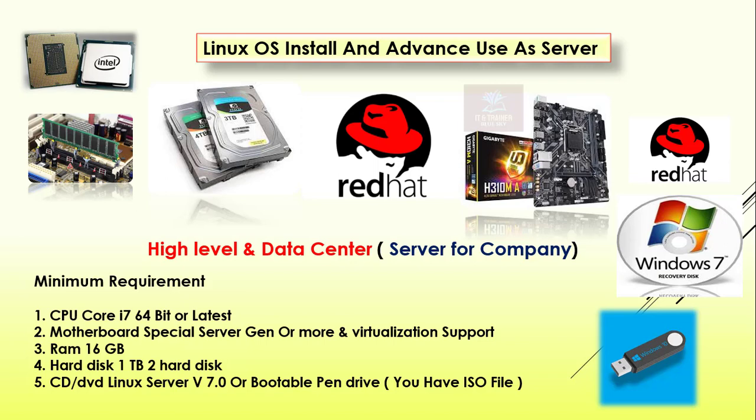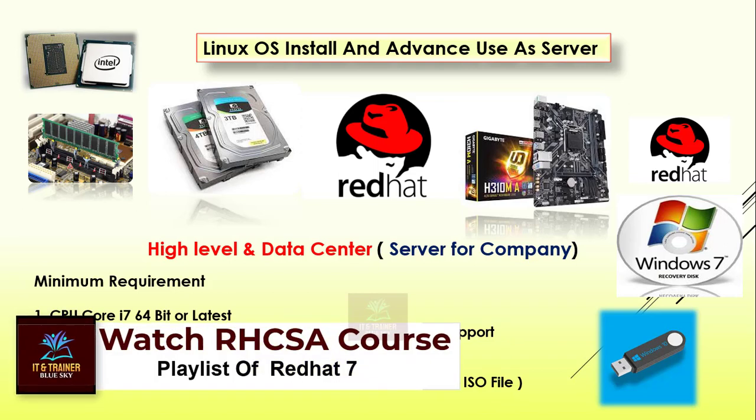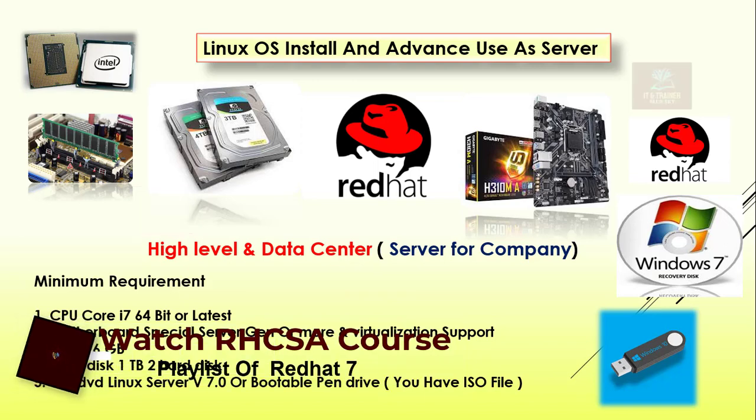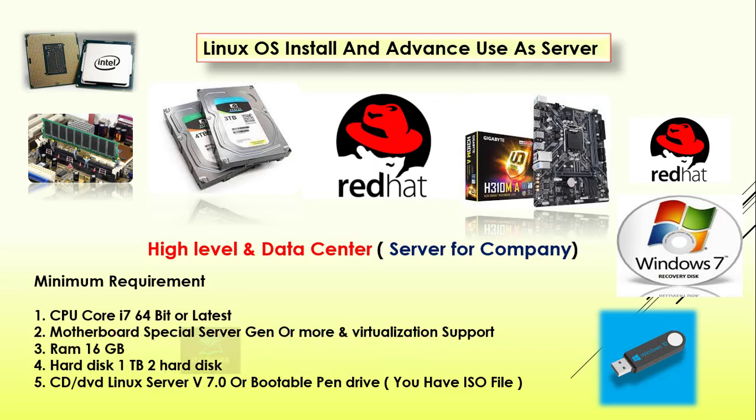So you already understand the minimum requirements, and the maximum requirements depend on your company environment. You can use a Core i7 type CPU, even 4 CPUs, with a special motherboard of a newer generation. You can increase RAM from 16 GB to 128 GB.